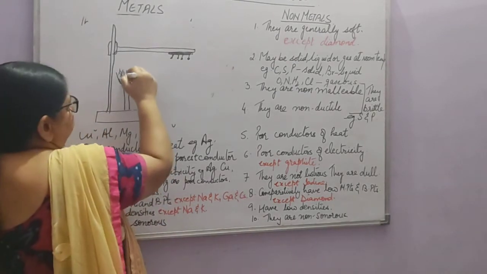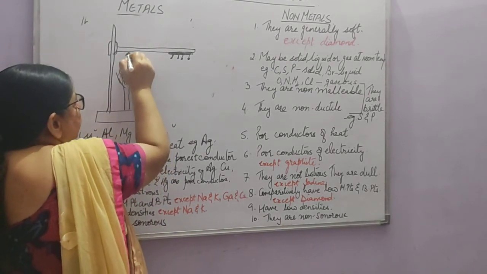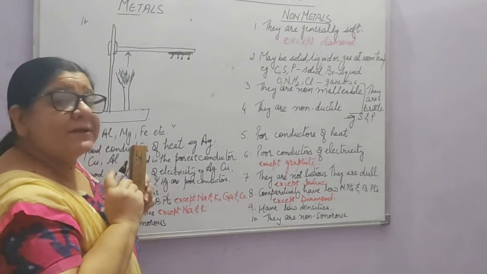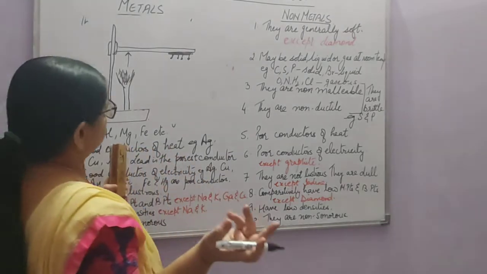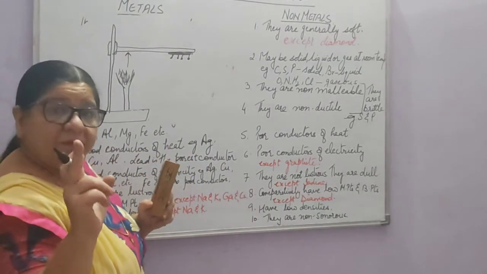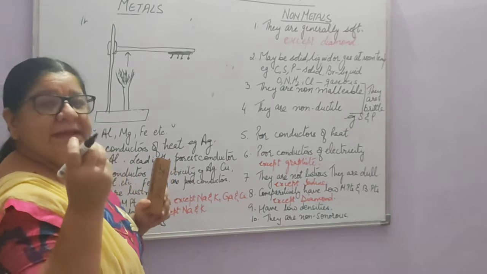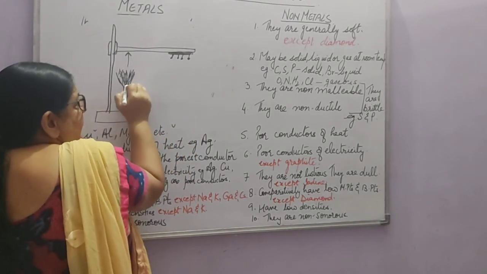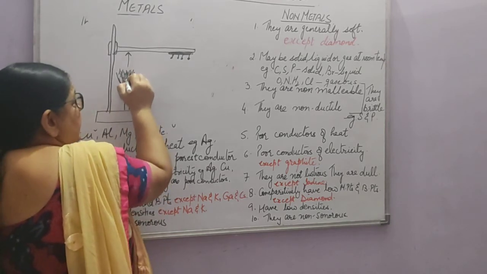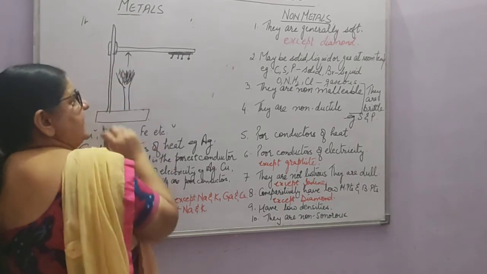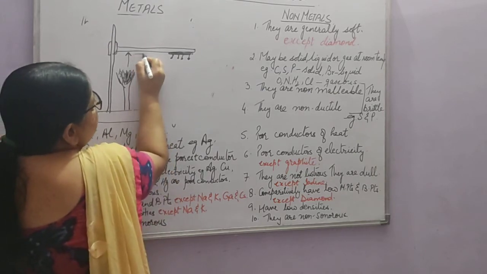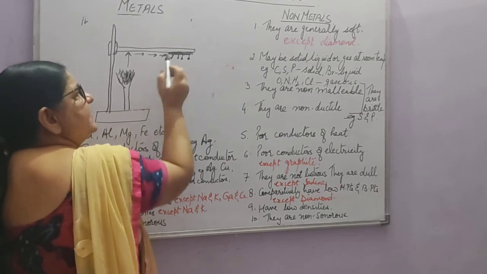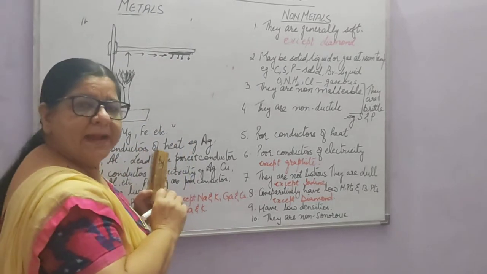Now what will happen? This rod will start getting heated up here. But we will see that suppose this is a copper wire or anything, this will not melt. It will get heated up. And although we are burning, we have put the fire here, we are providing heat at this place, that heat will pass from here to here, and this wax will start melting.